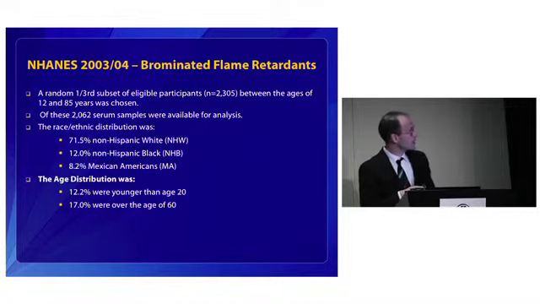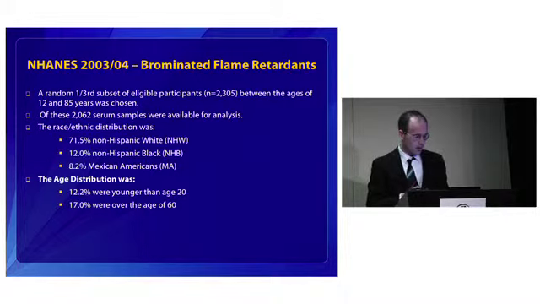So for the older NHANES data, now only talking about 3 or 4 unfortunately, we had a one-third subset of participants. About 2,000 samples were actually available and analyzed, between the ages of 12 and 85 years of age. Looking at the race distribution, we have primarily non-Hispanic white participants and smaller amounts of non-Hispanic blacks and Mexican Americans.